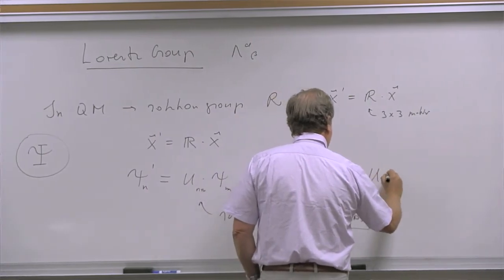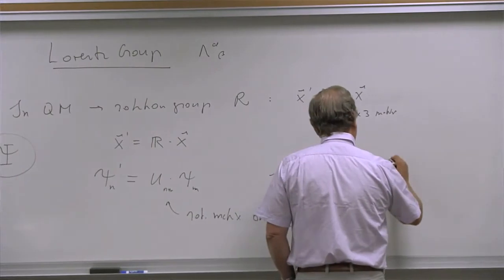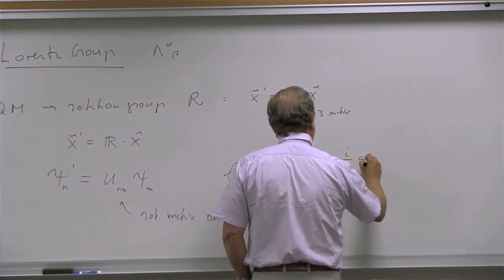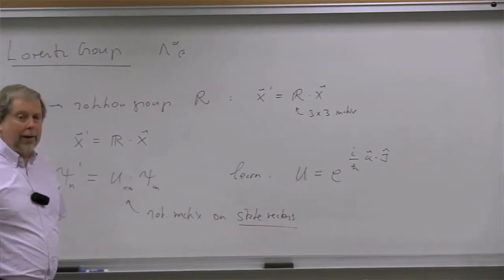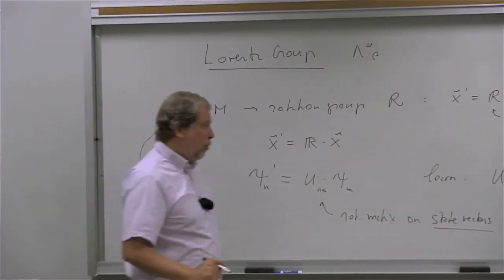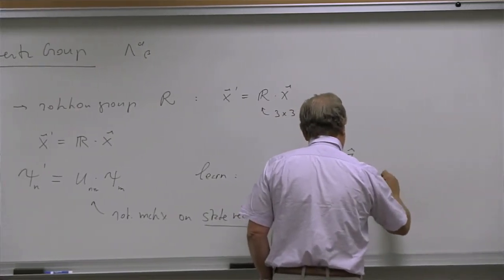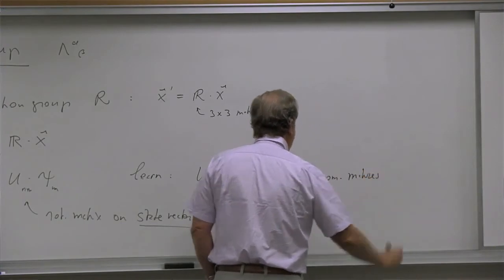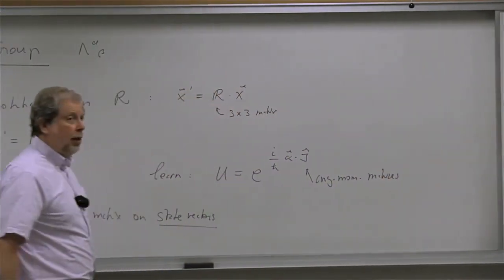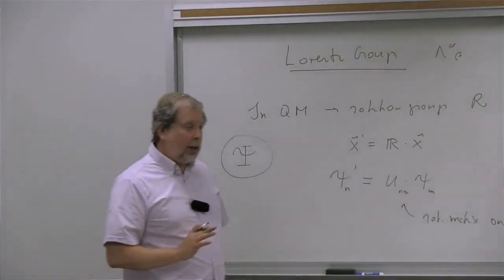Right? That U is equal to e to the i over h bar of alpha dot J. We learned that the rotation is done through the angular momentum matrices, right? That rotations and angular momenta are closely tied together.